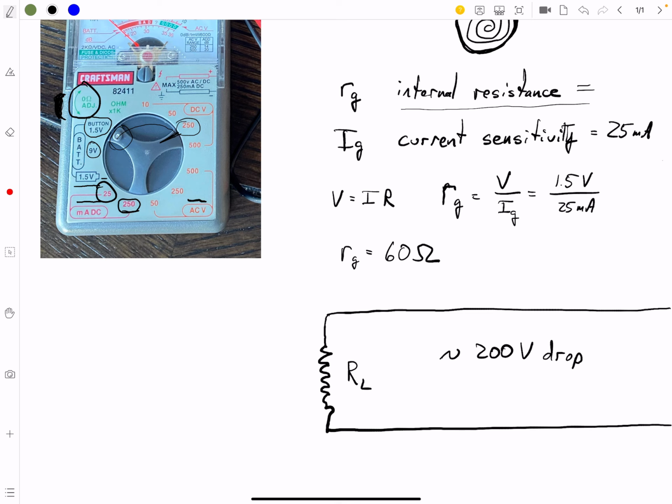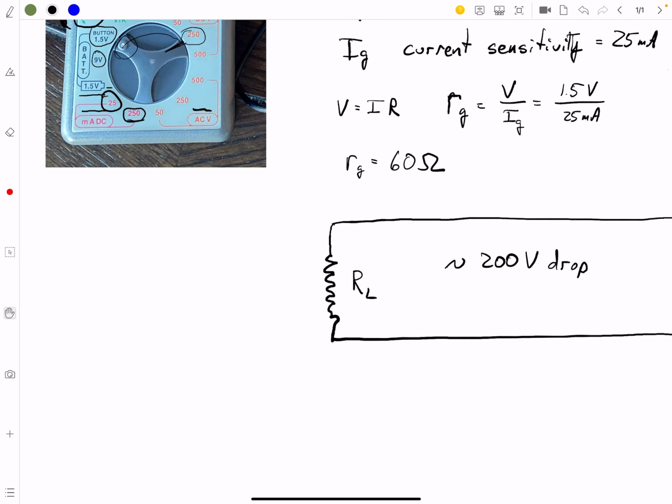Okay, so let's draw the circuit first so you guys can see what's happening. Let's come down here. We're going to attach one lead here, and that's our lead. This is our galvanometer. Inside our galvanometer, we have switched to the 250 DC. We've got our galvanometer resistance. We've got some resistor R, which we don't know.